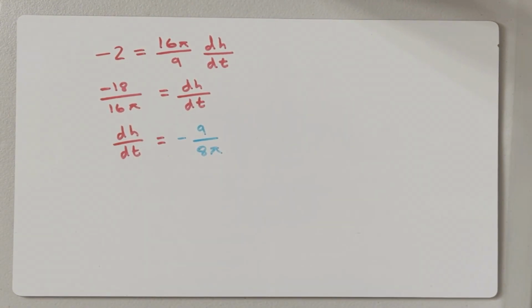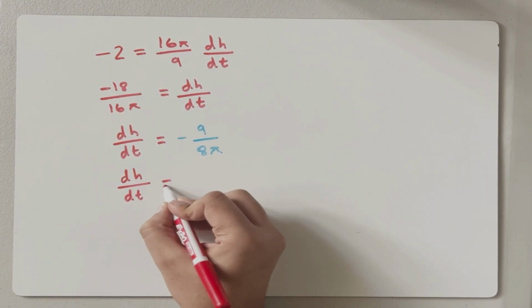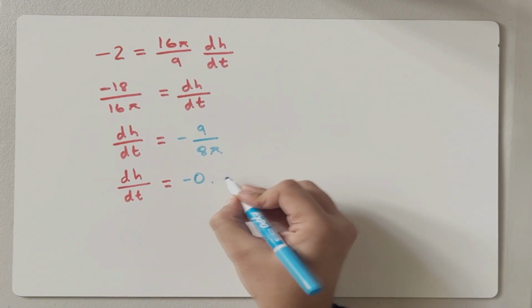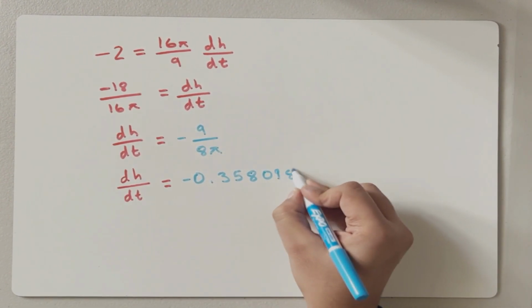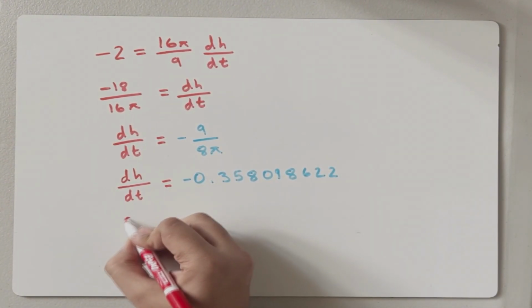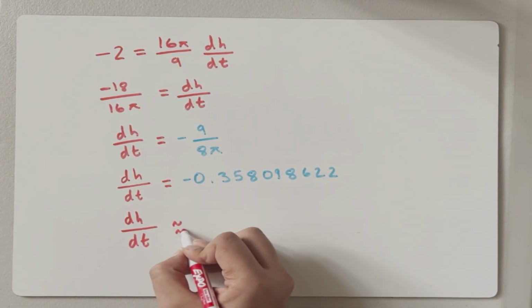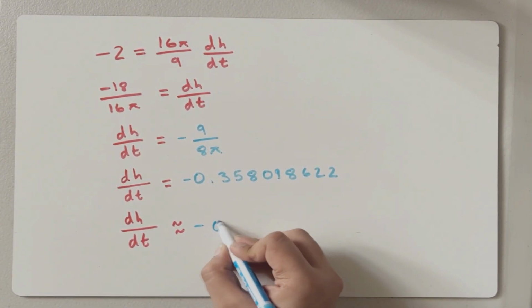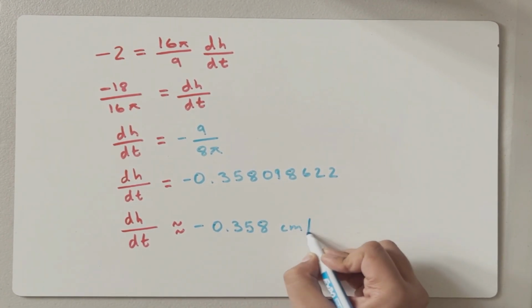We get that dh/dt is equal to negative 9 over 8 pi, or negative 0.35801. This can be simplified to negative 0.358 centimeters per second.